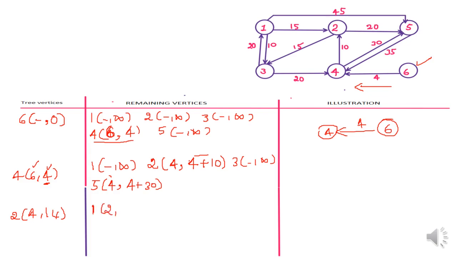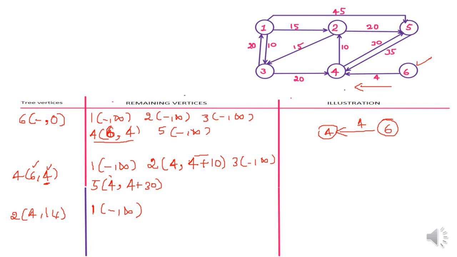So that's why it is blank and infinity. What about 4? With 2, it's already added.